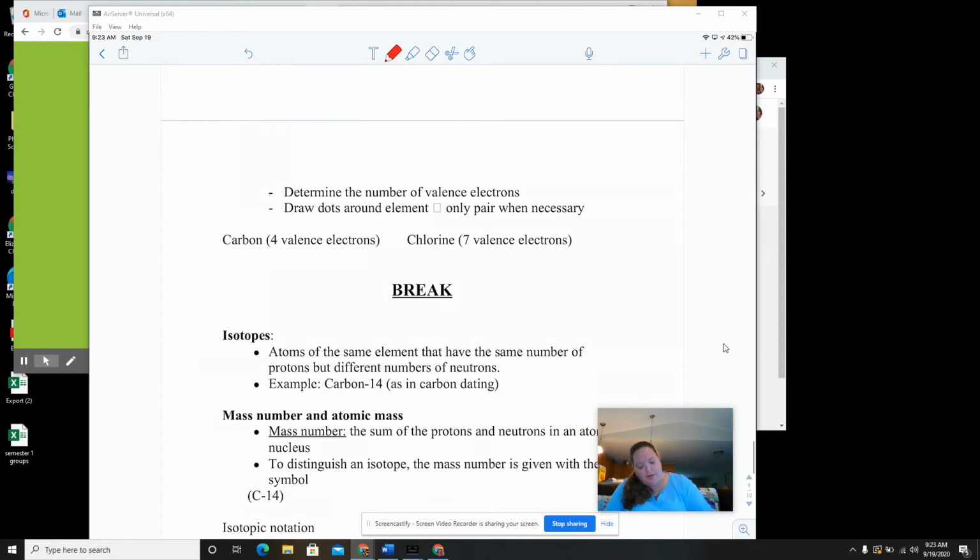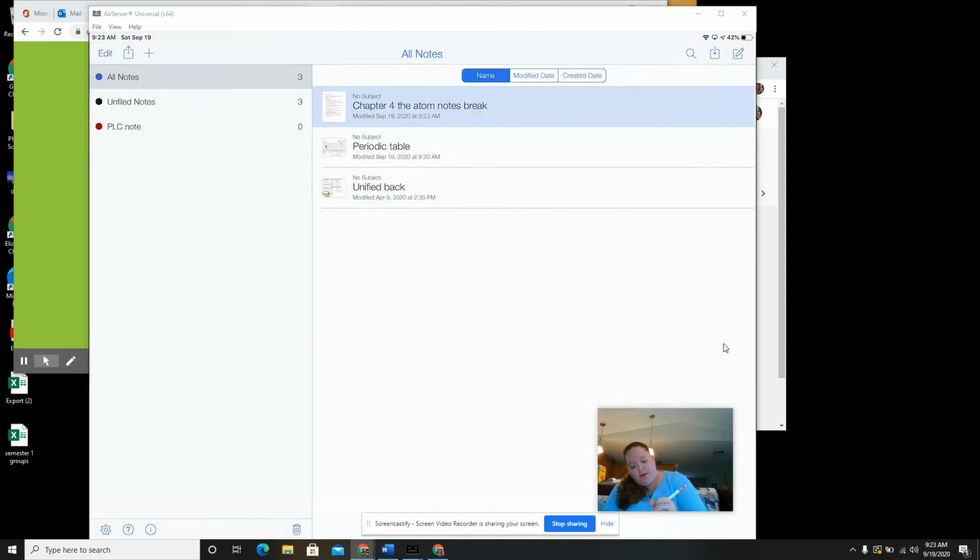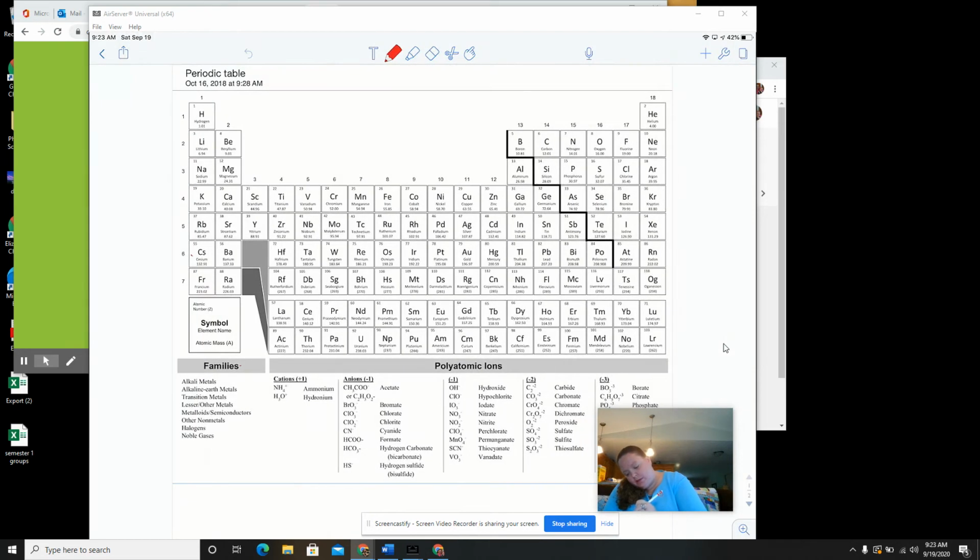So we've got carbon. The first thing you do is write the elemental symbol. Carbon is a big letter C. All right, go to the periodic table. Carbon, right here, okay? I'm going to draw the Bohr model of carbon here first.